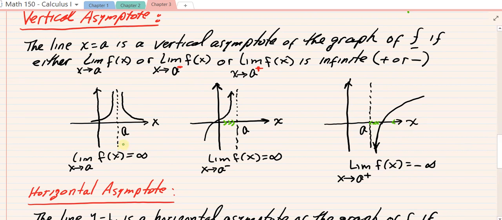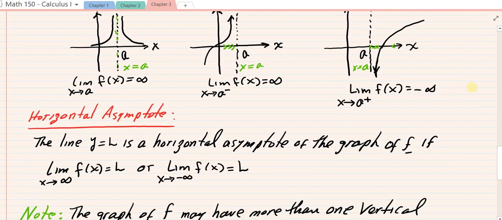This is the line x equals a, the dotted line. That's the vertical asymptote. In all three cases I have x equals a. Okay, those are the vertical asymptotes of the graph.